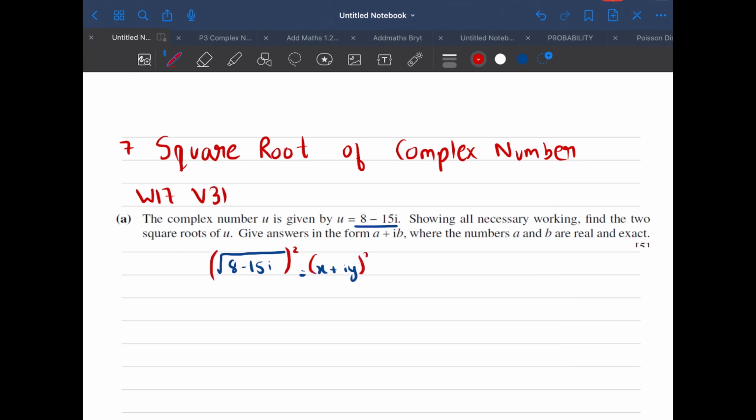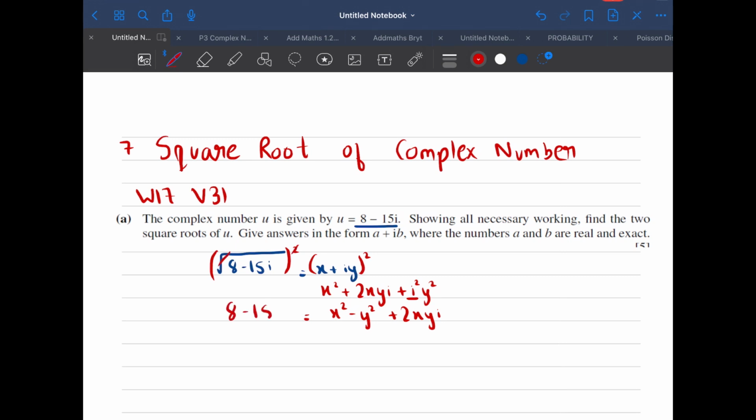So it's going to become x square plus 2xy iota plus i square y square. What's the value of i square? It's minus 1. So it's going to become x square minus y square plus 2xy iota is equal to this, and this cancel out.